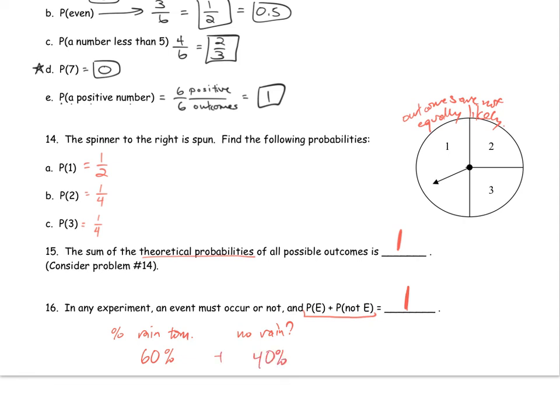And if you add those together, either it's going to happen or it's not. We only have two choices. 60 plus 40 is 100%, which as a decimal is 1. So that's always nice. And we're actually going to use both of these ideas to our advantage on the next page.